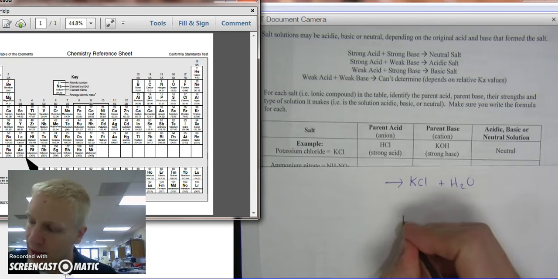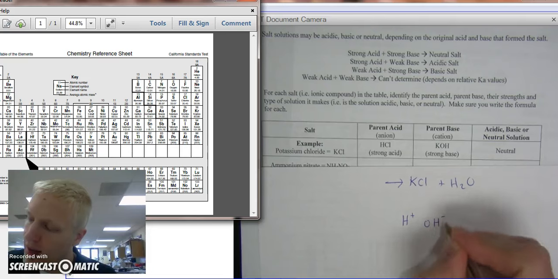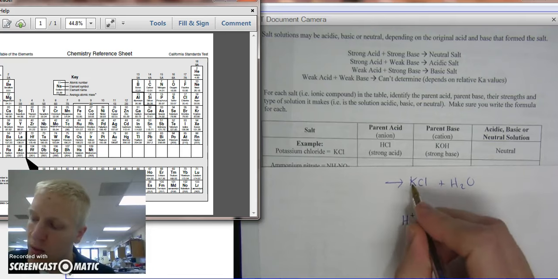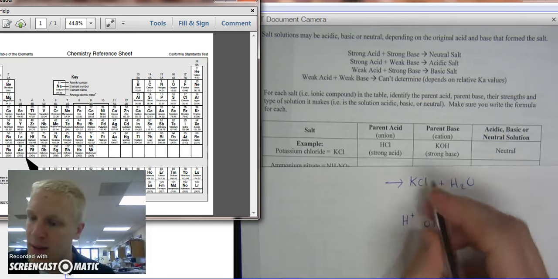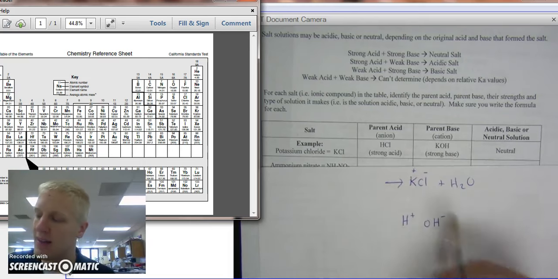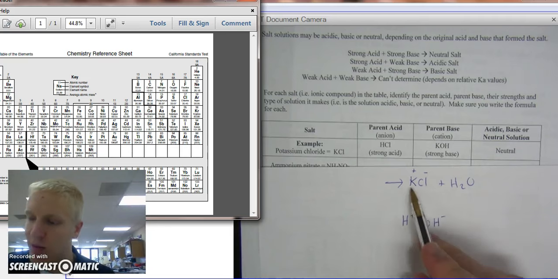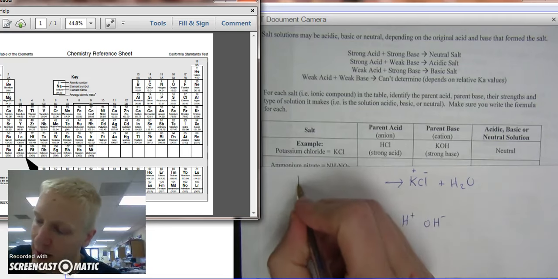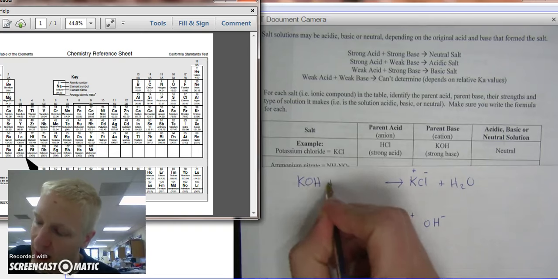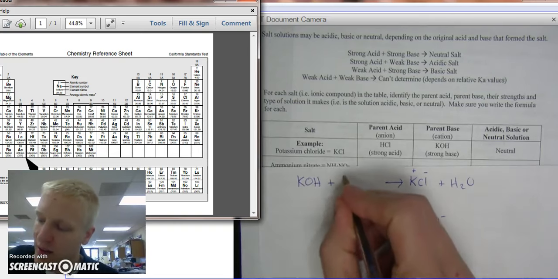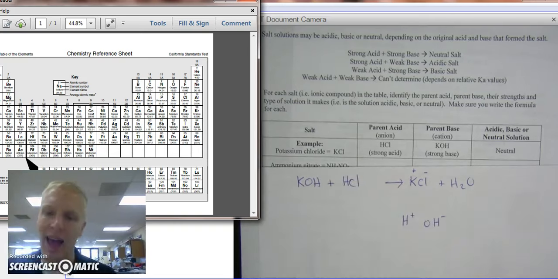So I have an H plus and an OH minus, and I have to figure out which goes with which ion. This potassium is plus, this chlorine is minus. Plus and plus do not mix, but plus and minus do. So this K and OH are going to come together to form the base, KOH, and this H and Cl are going to form the acid.